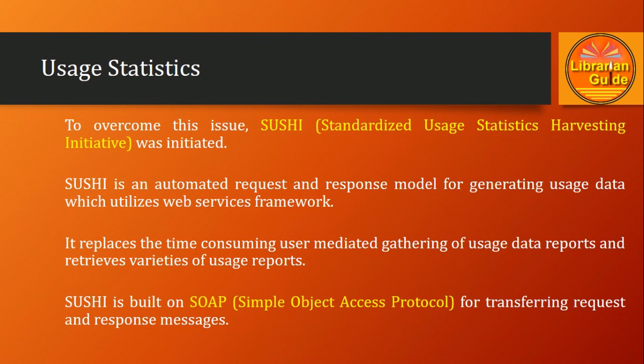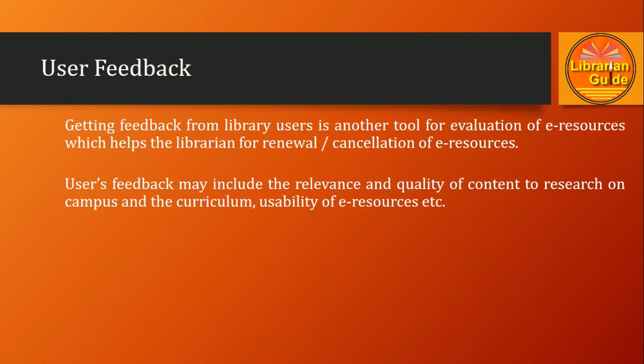The next is user feedback. Getting feedback from the library users is also another very important tool for evaluating the e-resource, which directly helps the librarian for renewal or cancellation of e-resources.